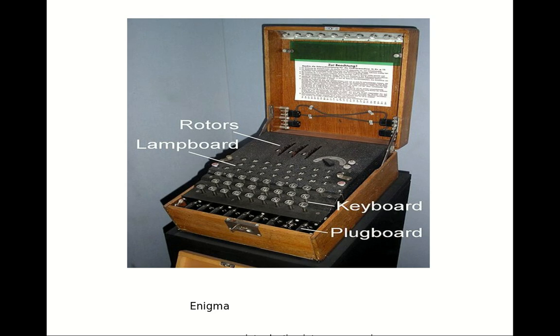So one problem there for the Allies, for the other side during that war, was that these codes, the encryption, was interchangeable, so it could be modified basically every day, and it was a combinatorial task to find out the encryption of the day.